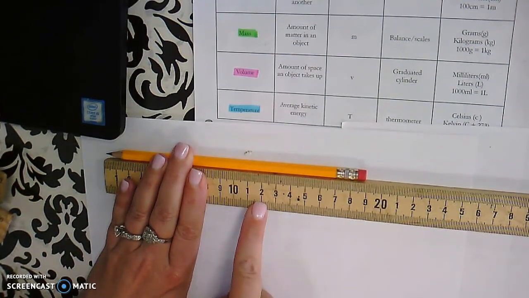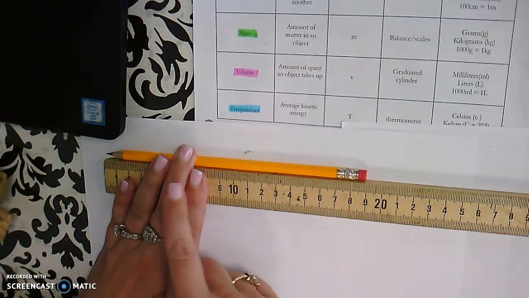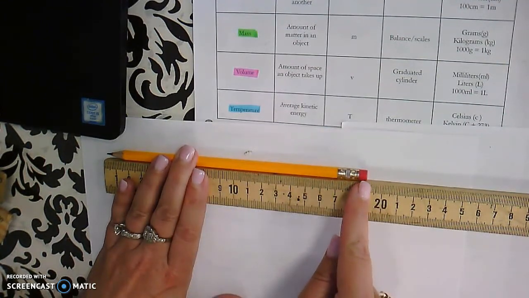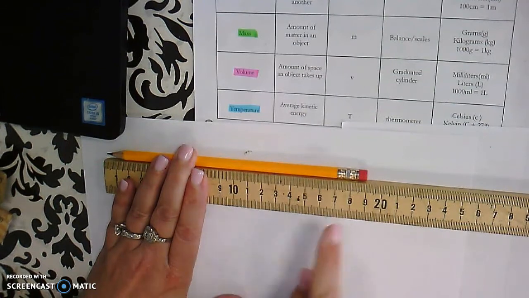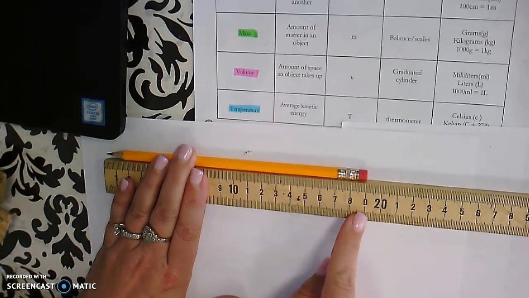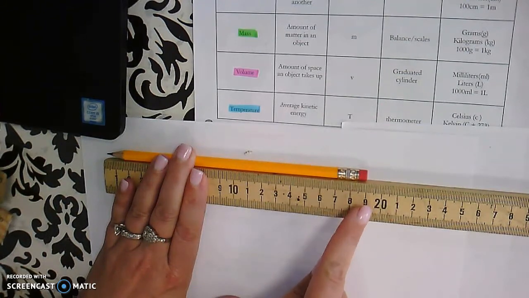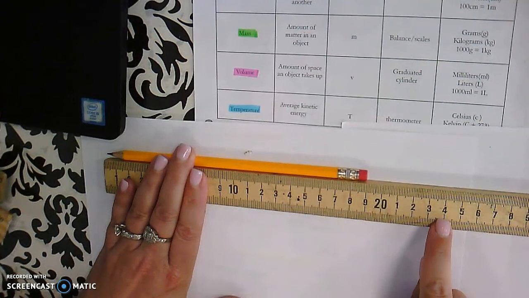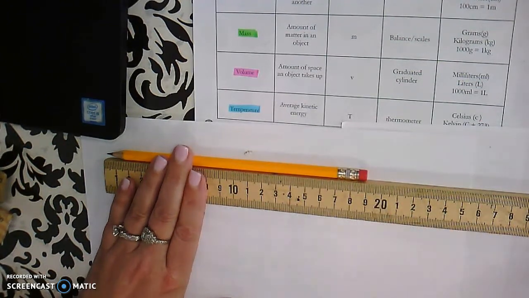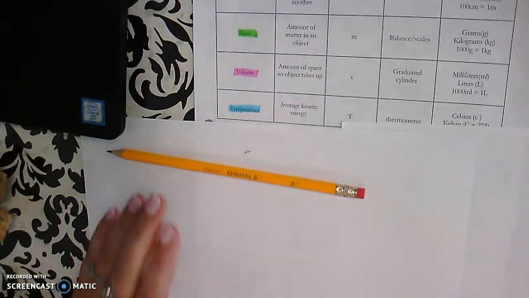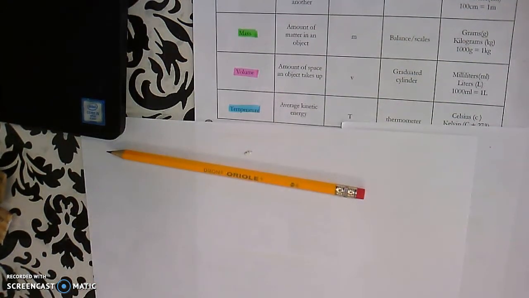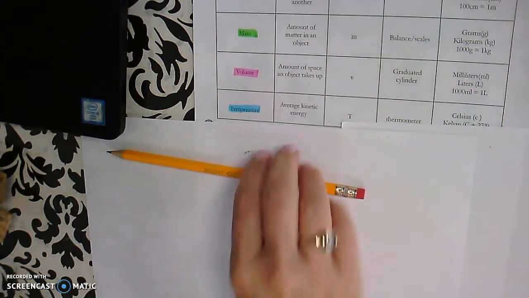It's a 12. So when we reach the 9 right here, which is at the edge of our pencil, that's not really 9 centimeters. That's actually 10 and 9. That's 19 centimeters. So this 4 right here is actually 24. So some of you will wind up having this meter stick in lab, so I wanted to make sure that we had already talked about that.